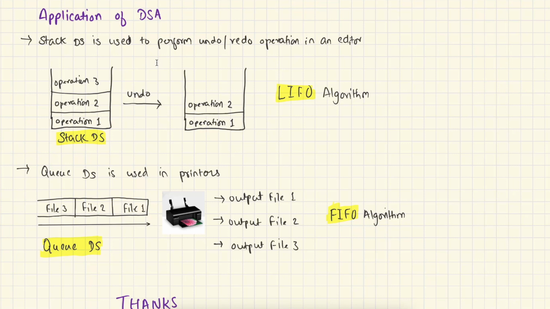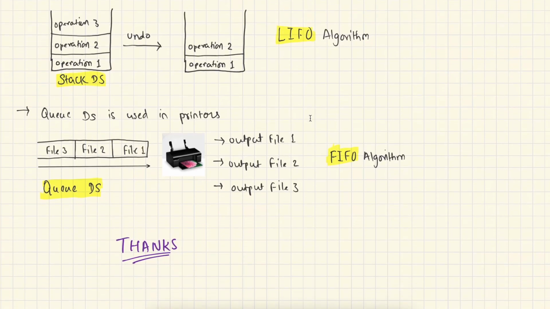So whenever you press Ctrl Z, your editor figures out the last operation you performed on the text and deletes that operation. So your text reverts back to the previous state, right? How is this happening? Because stacks follow the LIFO algorithm, and what does it stand for? LIFO stands for last in, first out. It means the last operation performed by you will be the first operation to be undone, right? So this is all about the stack data structure.